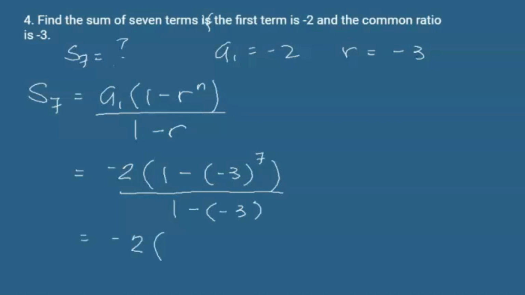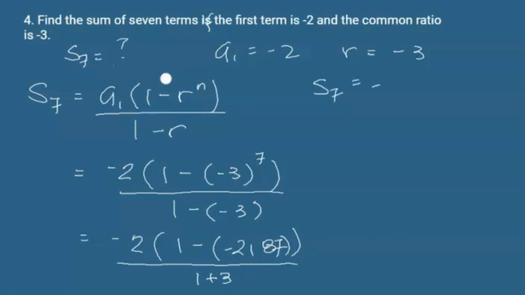So negative 2 times 1 minus negative 3 raised to the 7th power, which is negative 2,187, all over 1 minus negative 3, so that will be 1 plus 3. So S sub 7 is equal to negative 2 times 1 plus 2,187 over 4.